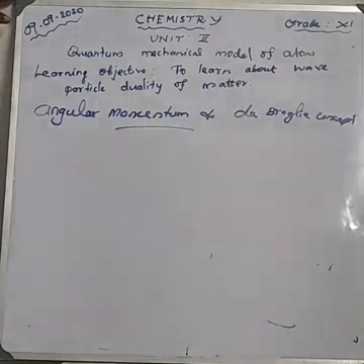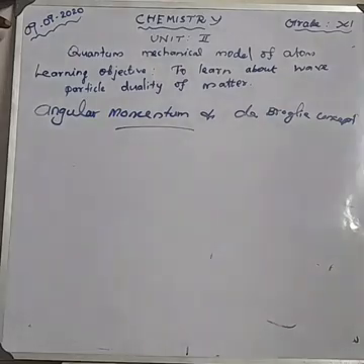Here we are going to learn about the Davisson and Germer experiment, because the electron behaves with both particle character and wave character. In order for the electron wave to exist in phase, the circumference of the orbit should be an integral multiple of the wavelength of the electron wave.